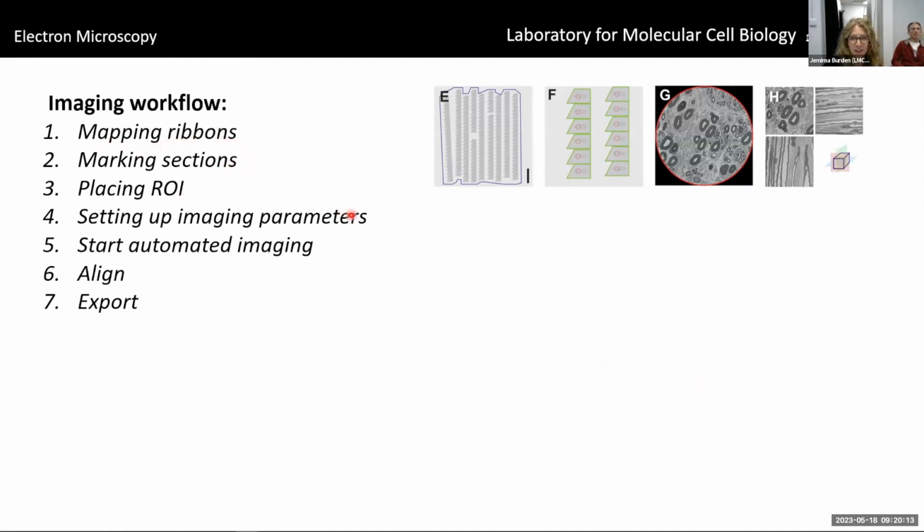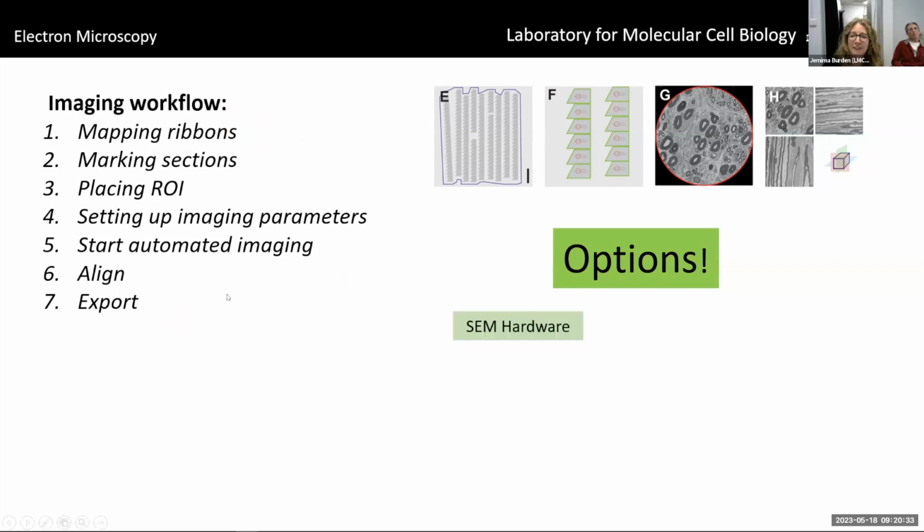placing your regions of interest, setting up your imaging parameters, starting imaging, aligning and export. But as with everything with array tomography, because it's such a flexible technique, you also have options. And this can be not only the options and strategies that you choose to apply for each of these different steps, but also in the SEM hardware that you use, the detectors that you use, as well as the acquisition software that you use.